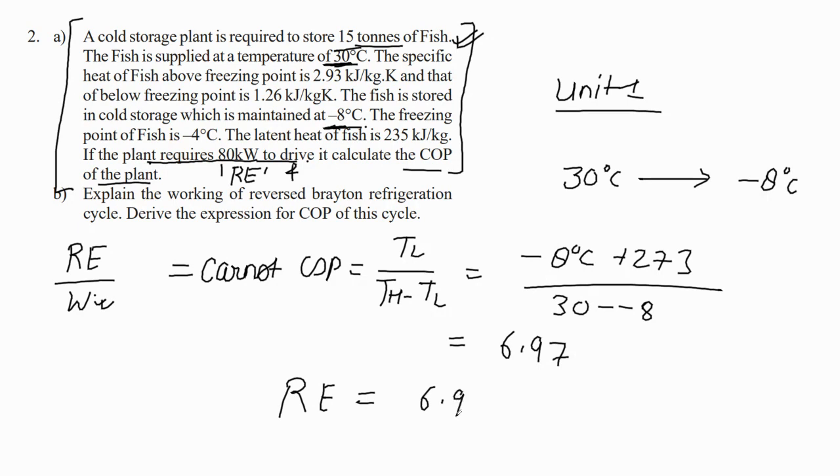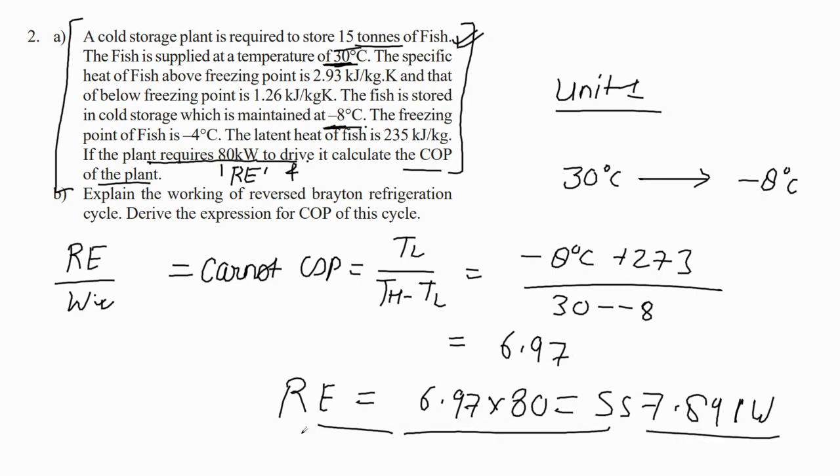We multiply 6.97 with 80 and get a refrigeration effect of 557.89 kilowatt.